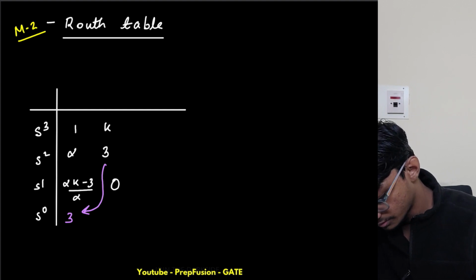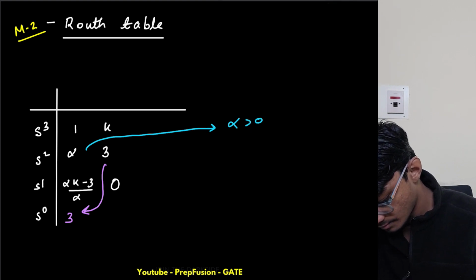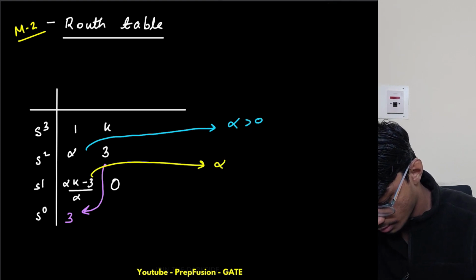So if this needs to be positive, what does this mean? From here I can understand that this needs to be positive, and here this alpha k minus 3 by alpha also needs to be positive.